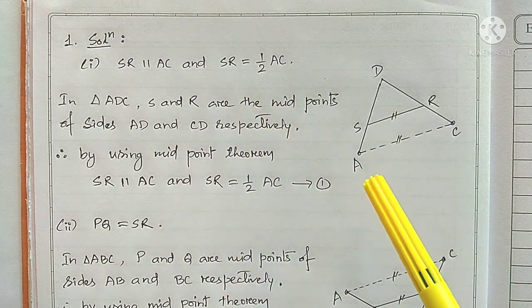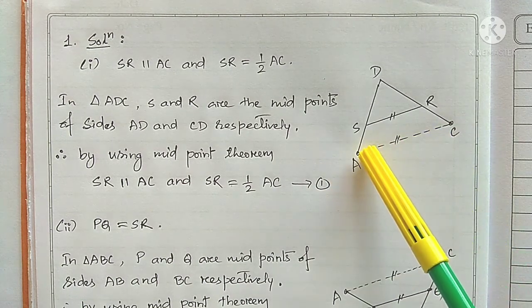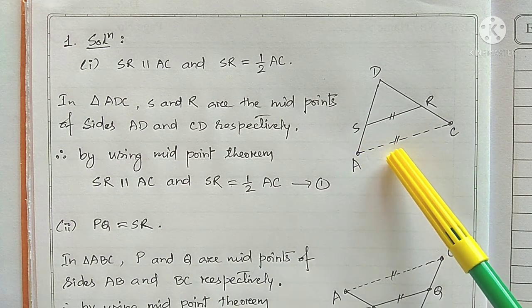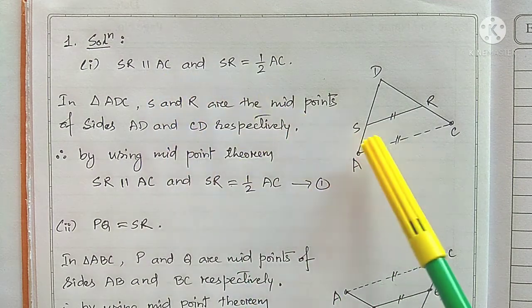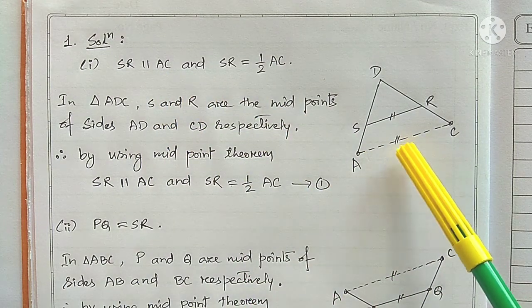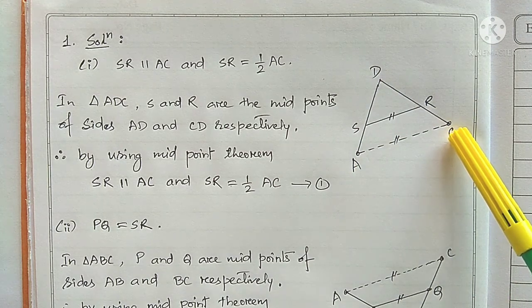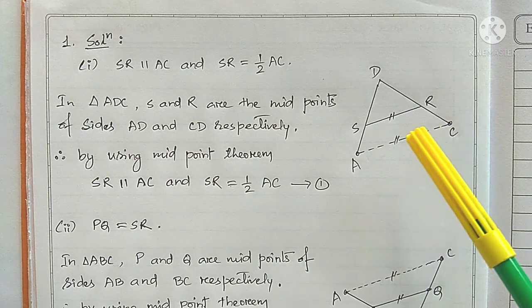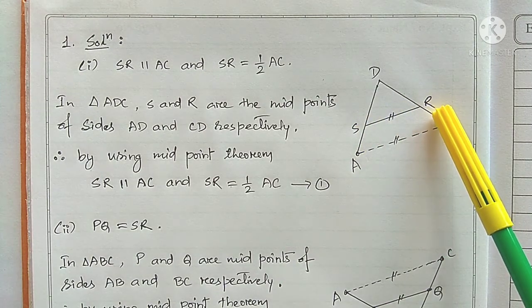Whatever the diagram given, AC is already a diagonal, so if we separate this into two parts, the first part is what we need for SR and AC, so we take this part. Now here ADC is a triangle, and S and R are the midpoints.